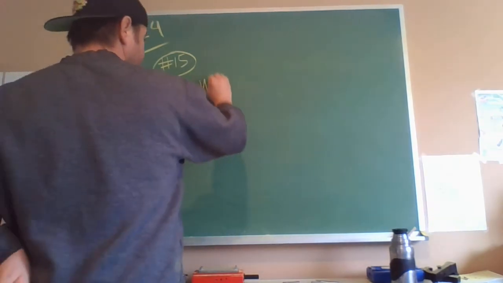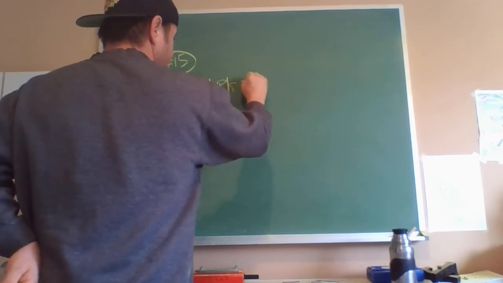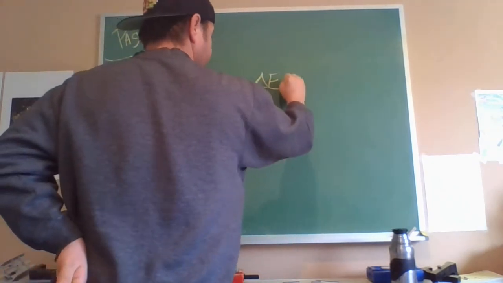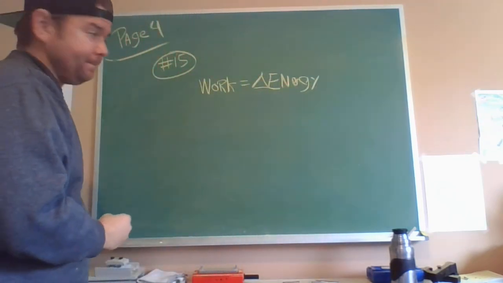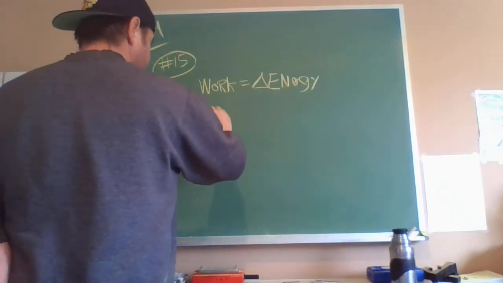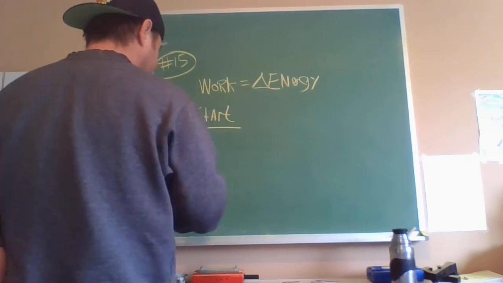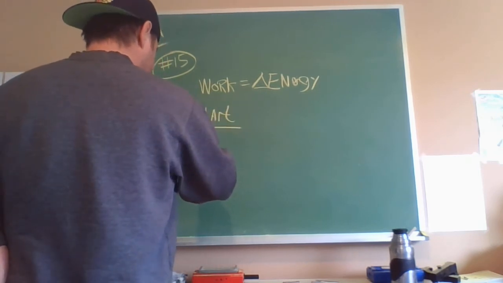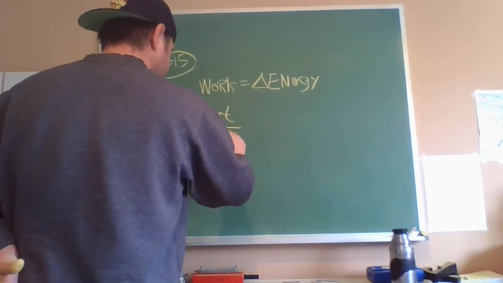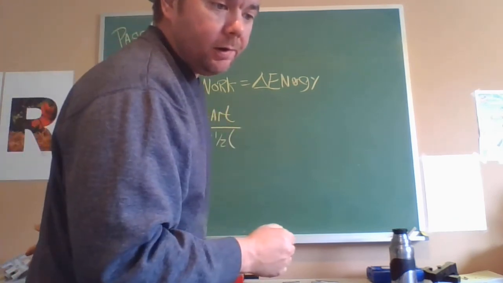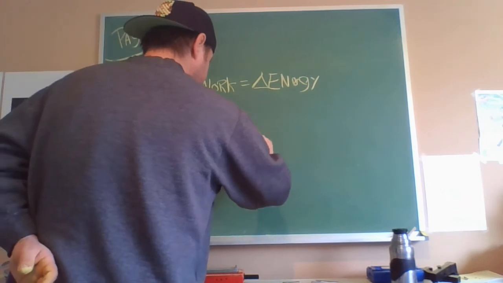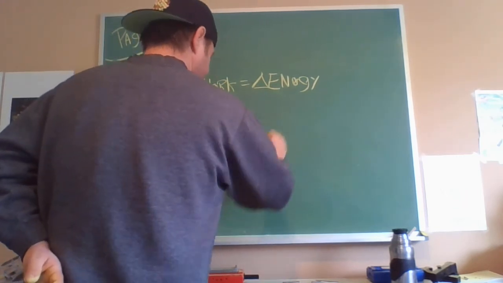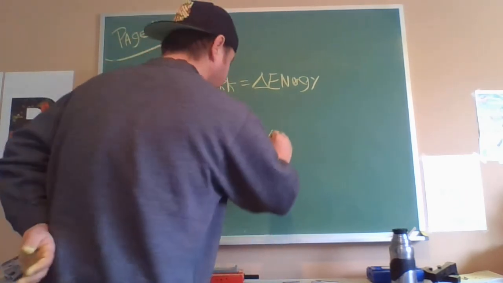So, remember, work equals change in energy, right? So if we compare the situation at the beginning, where the KE, the kinetic energy, was equal to 1/2 the mass of the total situation, which is 62 kilograms, times 4 squared.